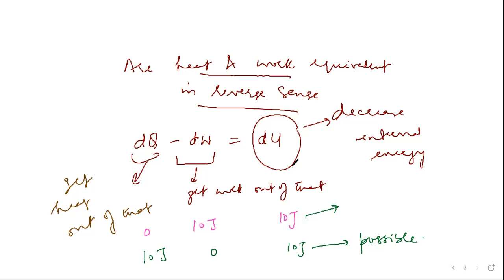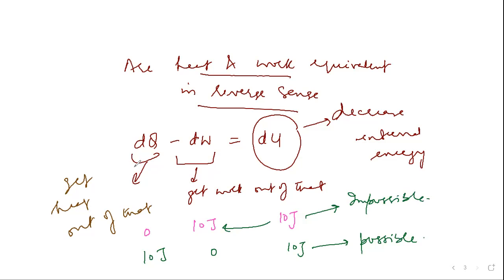Got it? I'm saying it is impossible to convert this internal energy completely into work, without any change taking place in the surroundings. So this option is impossible. You cannot decrease internal energy of the system and completely convert that to work.